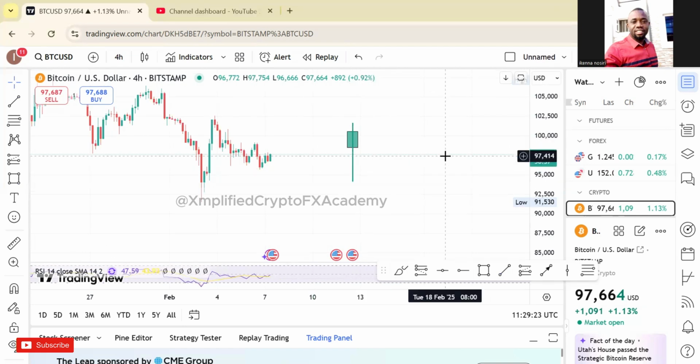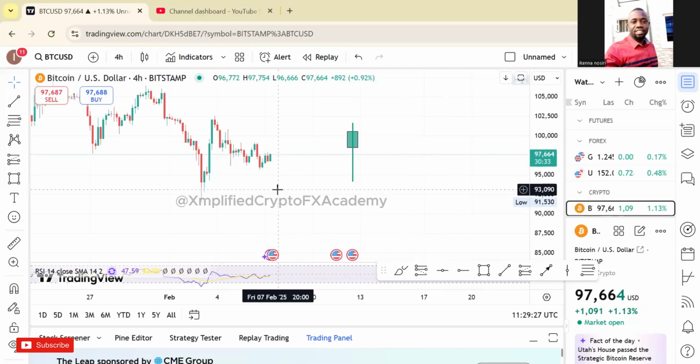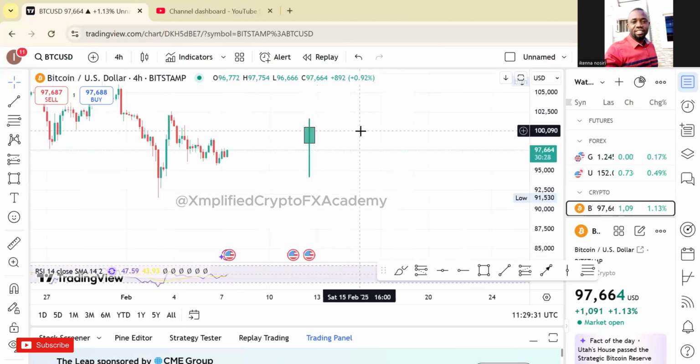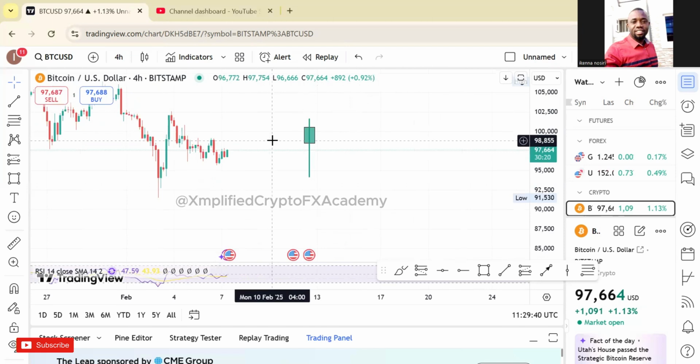So this is just a representation of a hammer. Whenever you see something like this, it is a hammer. When a hammer candle is preceding a red candle, then you'll be on alert that the market is about reversing from the bearish trend to a bullish trend. Do you get? Okay, fine.